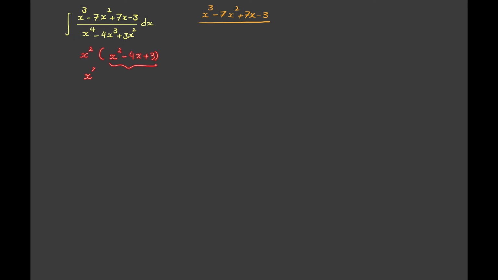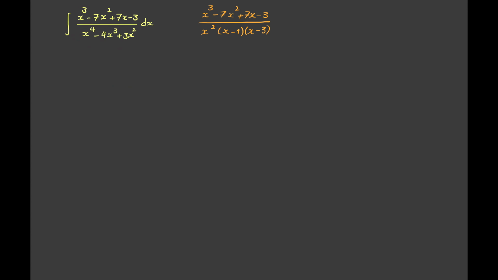So this becomes x squared, x minus 1, x minus 3. That is the factorization that I want to write here in this denominator. Yes? So x squared, x minus 1, x minus 3.